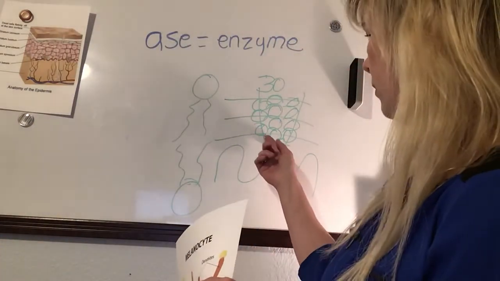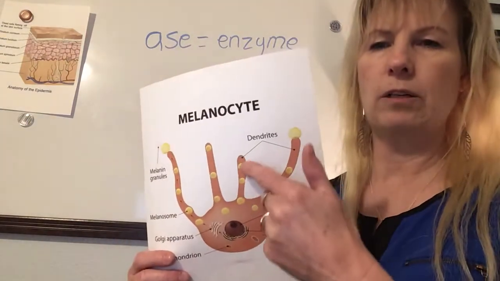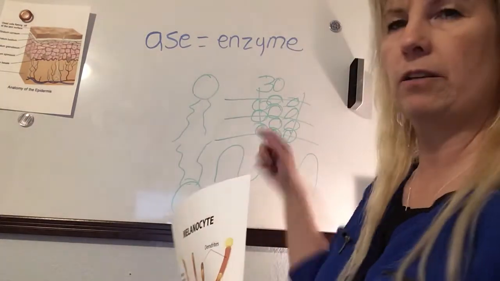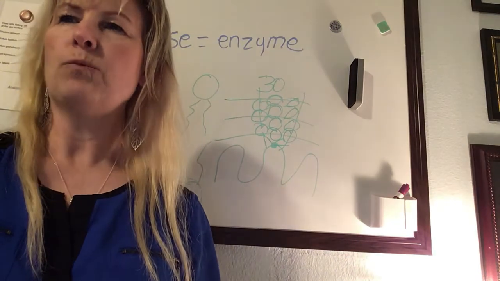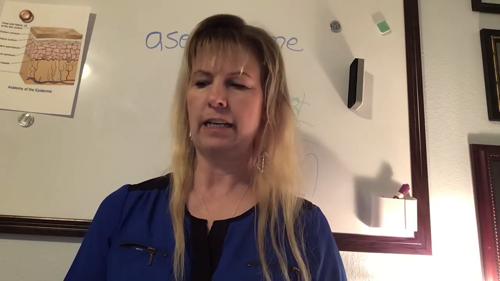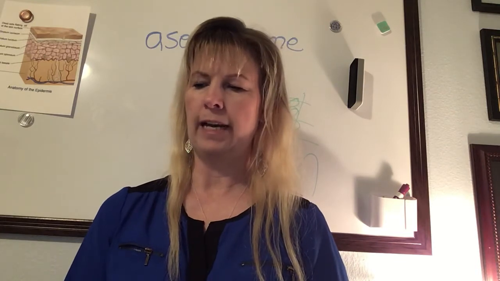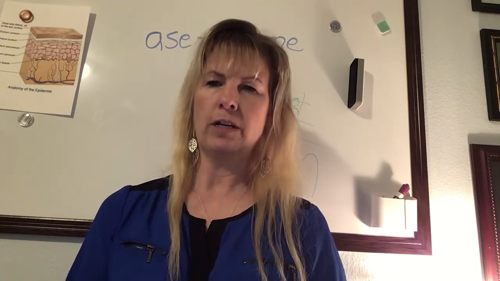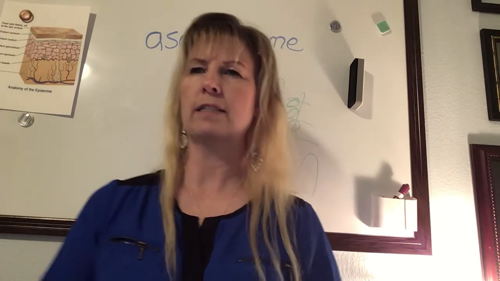They go up through here and deposit these little melanosomes into these keratinocytes to protect those cells. So if you're exposed to the sun, you get a suntan, and that is due to the activation of the melanocyte and the concentration of those melanosomes in those keratinocytes.